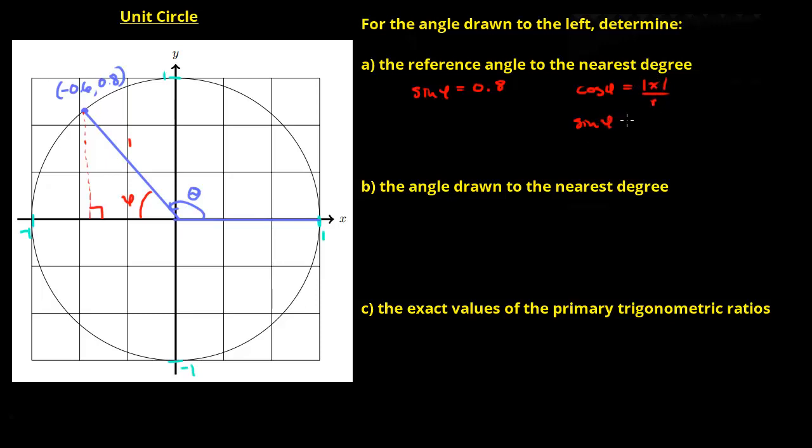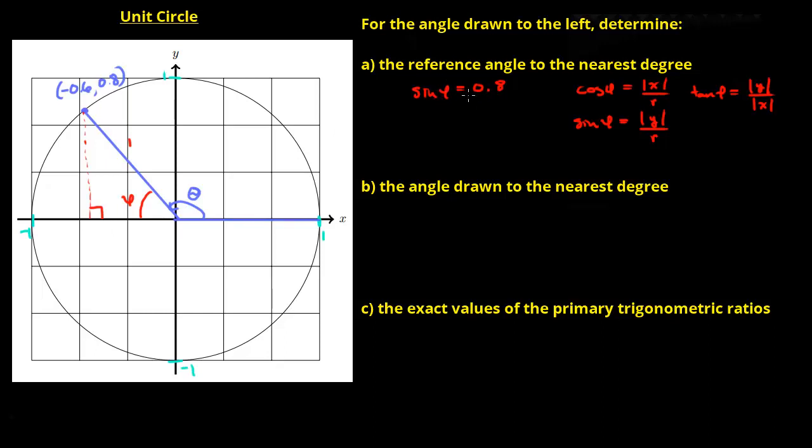The sine of phi is equal to the absolute value of y over r, and the tangent of phi is equal to the absolute value of y over the absolute value of x. No matter where we draw the terminal arm, when we deal with the reference angle, we're always dealing with acute right angle triangles. So when we take the absolute value of all these coordinates, we just get distances, which are positive.